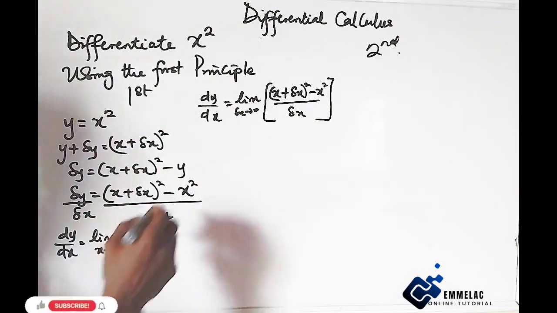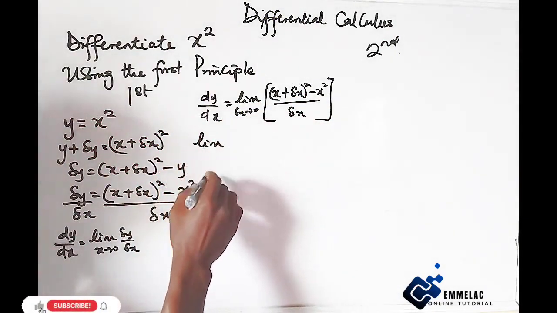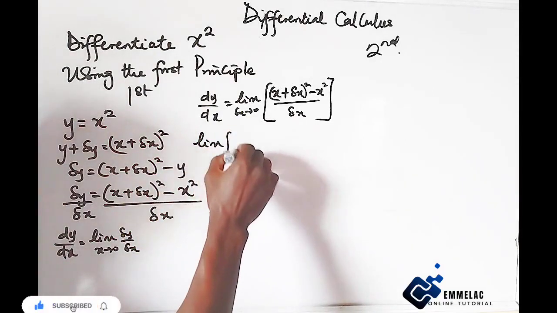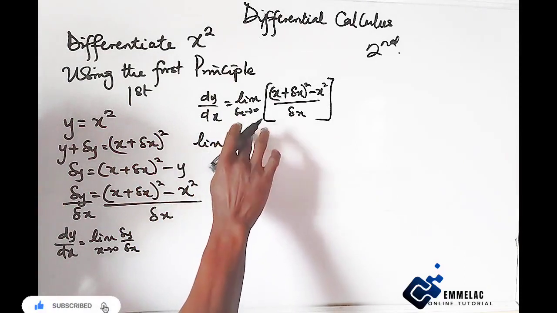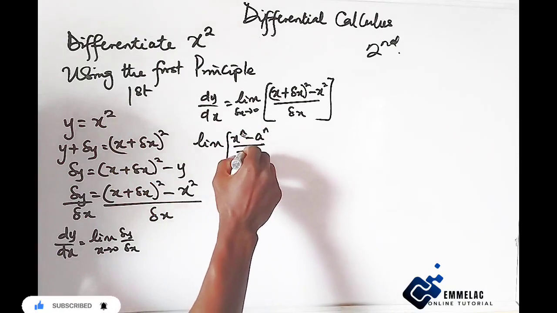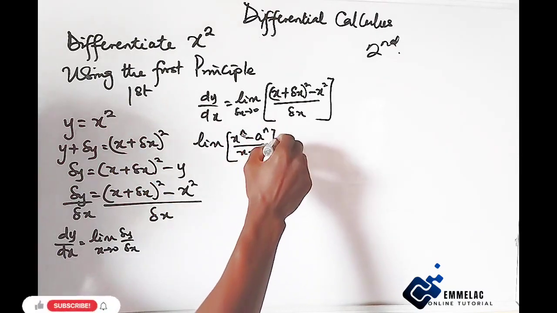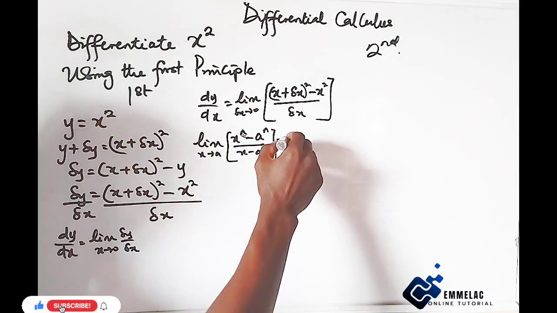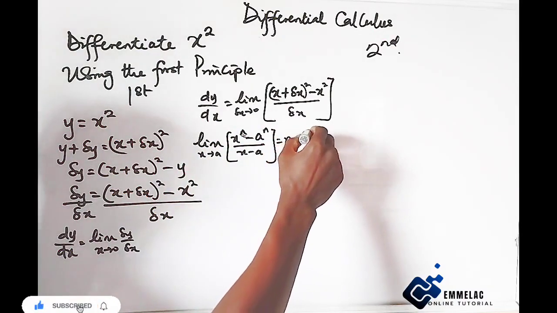Now according to the law of limits, where you have the limit of x to the power of n minus a to the power of n all over x minus a, as x tends to a, this will give us n a to the power of n minus 1.